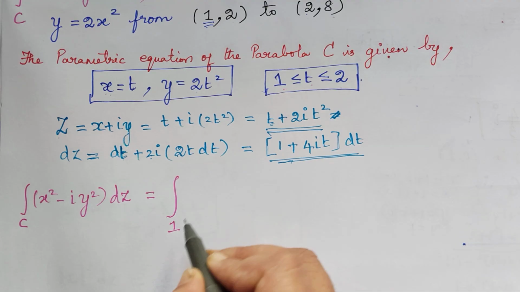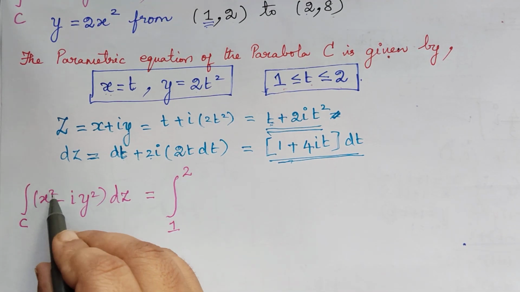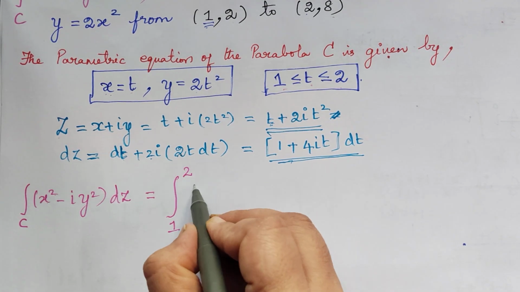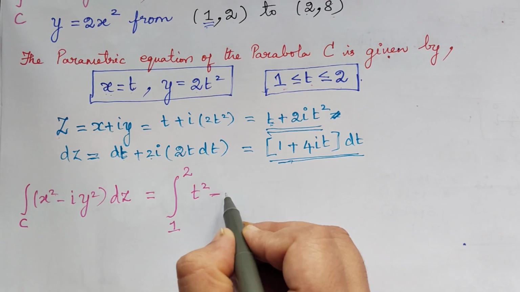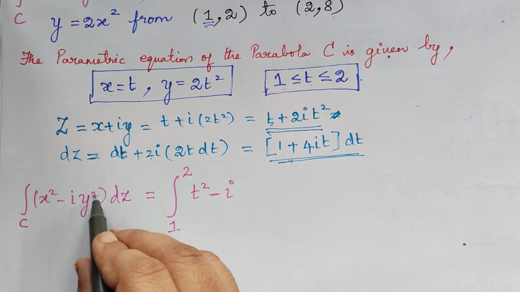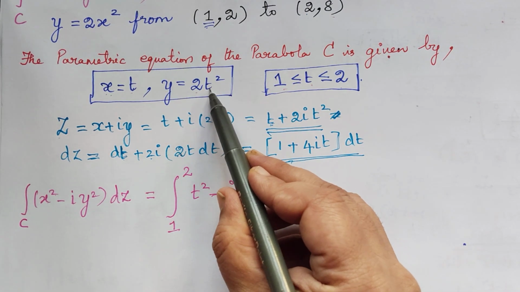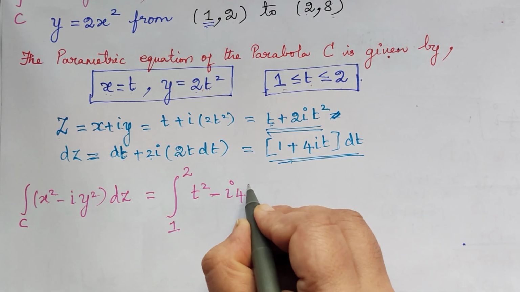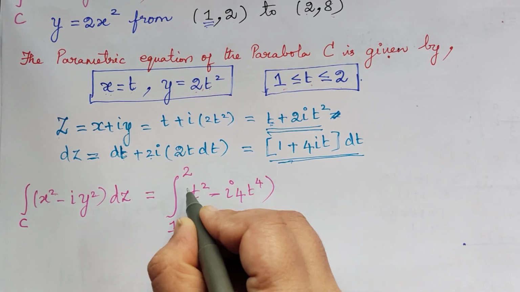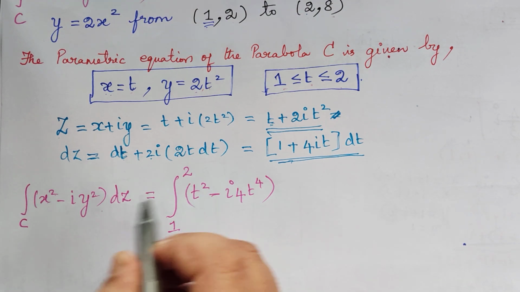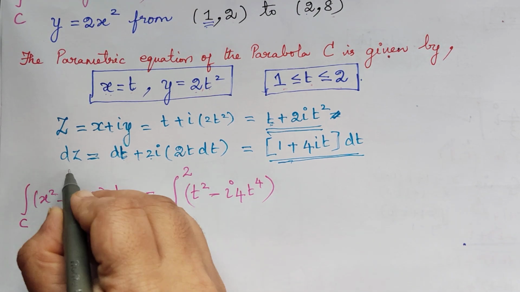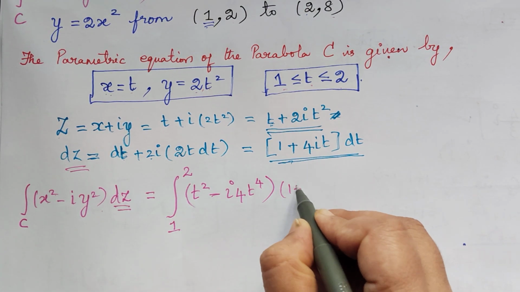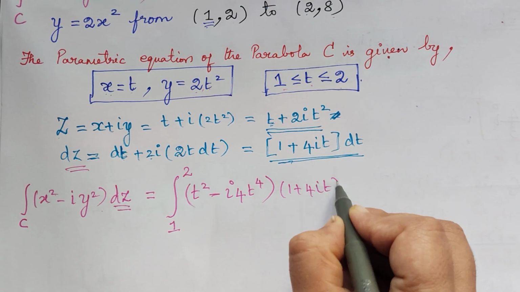And x square will be t square, minus i y square. Y is already 2t square, and on squaring this we get 4t power 4. So this is whatever is inside the bracket. Now dz is (1 plus 4it) dt.